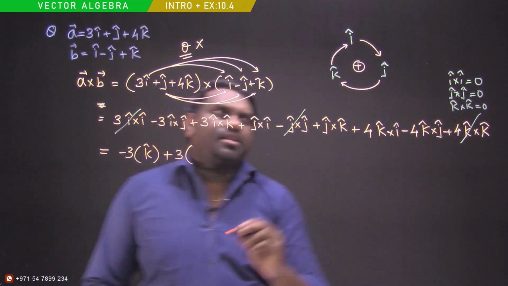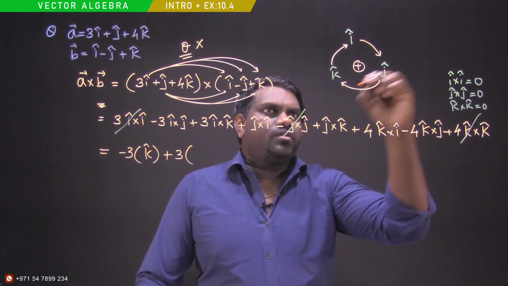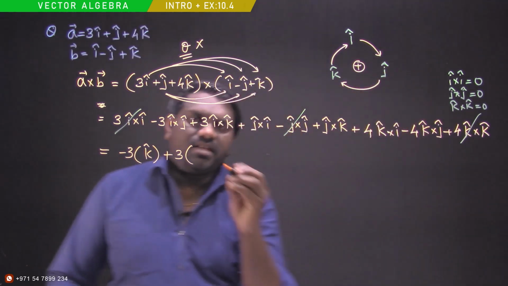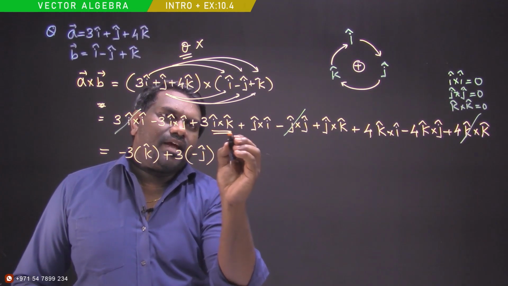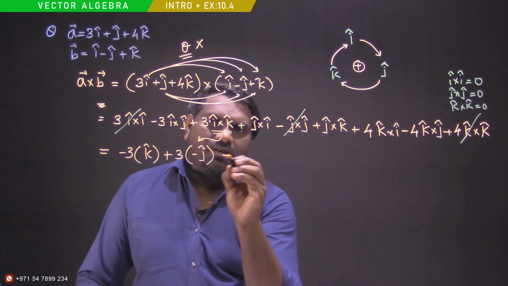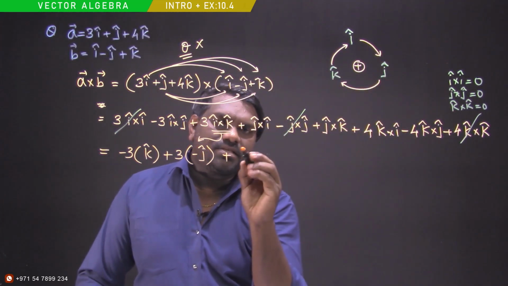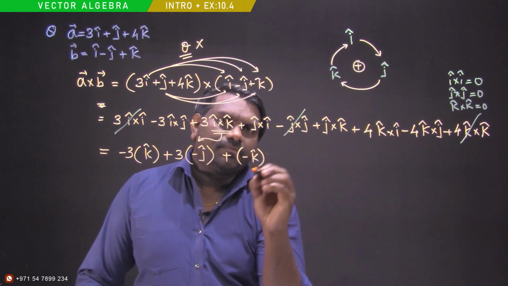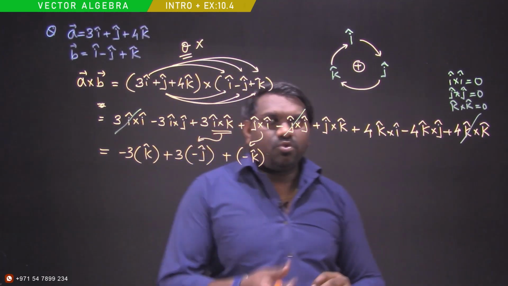Let's see what is i and k. I to k is in the opposite way, opposite to the arrow, so it is minus j cap. Why I am writing in a bracket is to make you understand that this is minus j. Plus you have j and i; j to i is in the opposite way, so minus k cap. So j to k is k cap, and now you know clearly why.